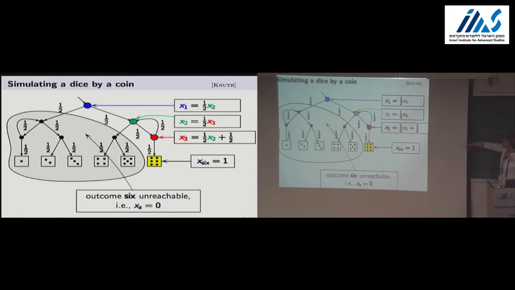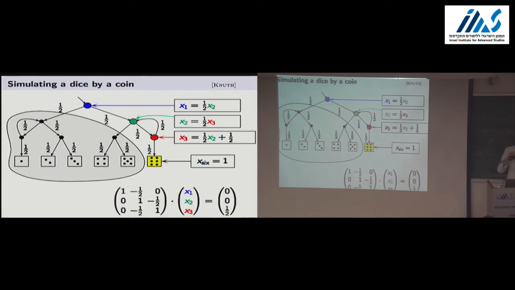Now, we have 3 linear equations, and you can rephrase them in matrix-vector notation, and then indeed this has a unique solution, and the solution is 1/6, 1/3, and in this case 2/3, and 1 here, which gives us indeed the desired result that this protocol does the job, at least for outcome 6, which is obtained with probability 1/6.